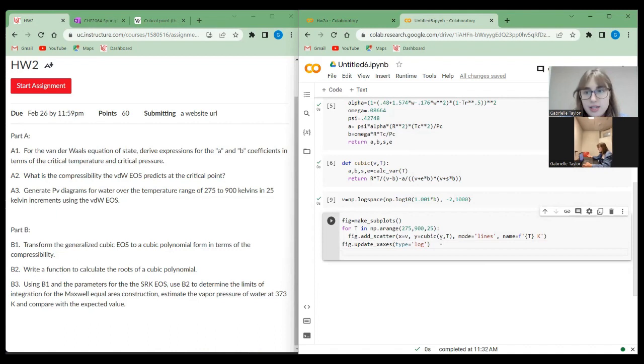Our graph also needs to be bigger because we're going from 275 to 900, so let's update our y-axis.